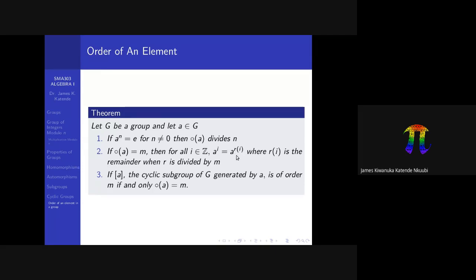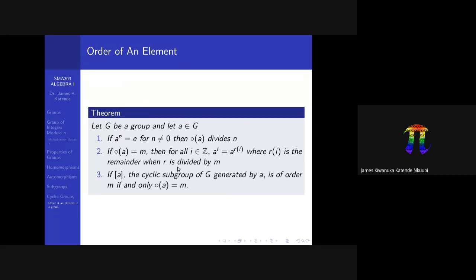For instance, if m is equal to 4, then A raised to 5 will be equal to A raised to 1, because if you divide 5 by 4, the remainder is 1. So this second part can help you to compute large powers in a group. Once you know the order of an element, you can easily compute large powers of the element in the group.